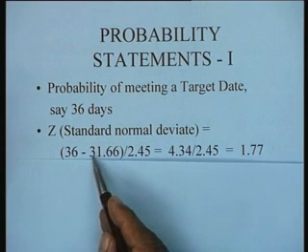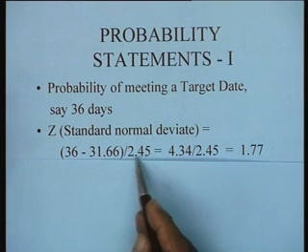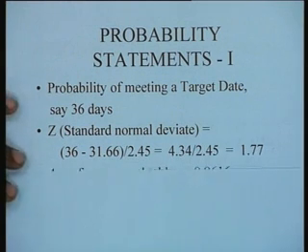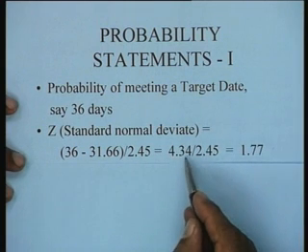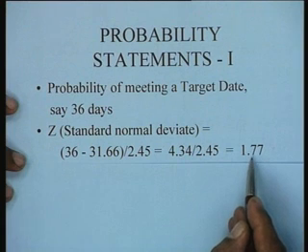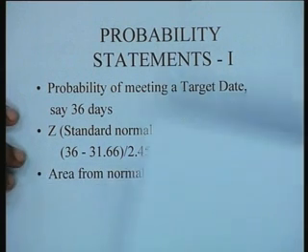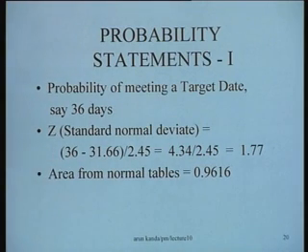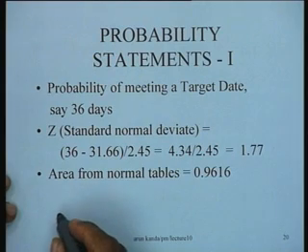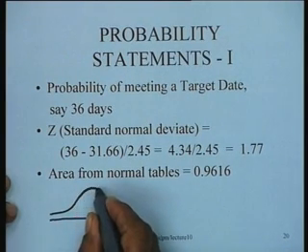So 36 minus the mean value of the distribution, which is 31.66, divided by the standard deviation, which is 2.45, and this particular value works out to 4.34 divided by 2.45, which is 1.77. Then you can refer to the standard normal tables, and what we are actually looking for is that the normal distribution is a distribution which is something like this.